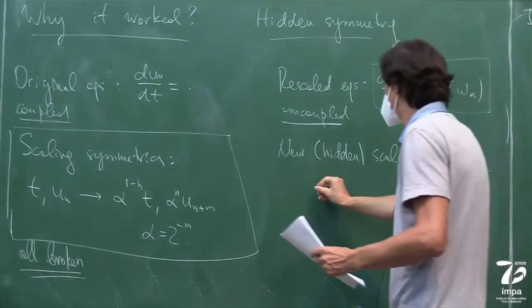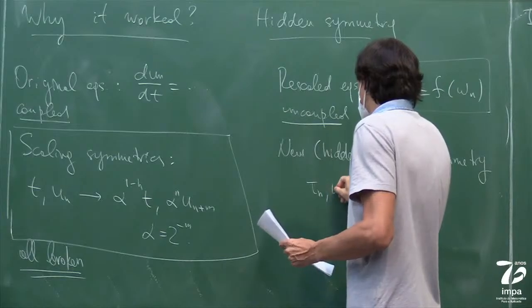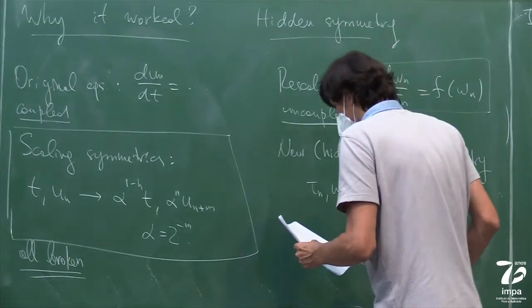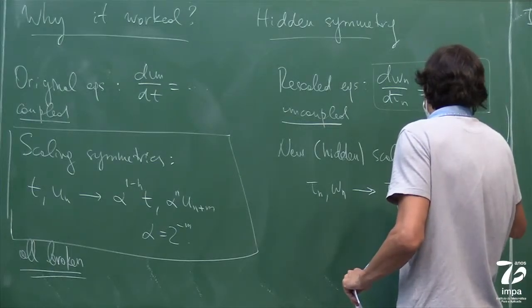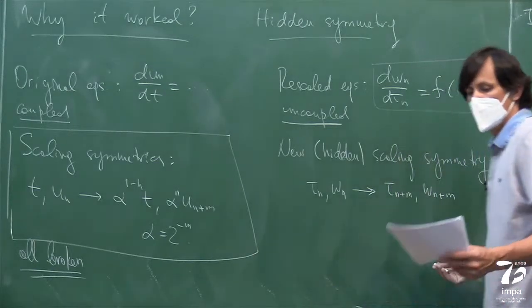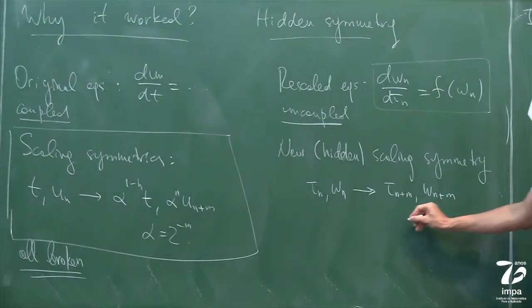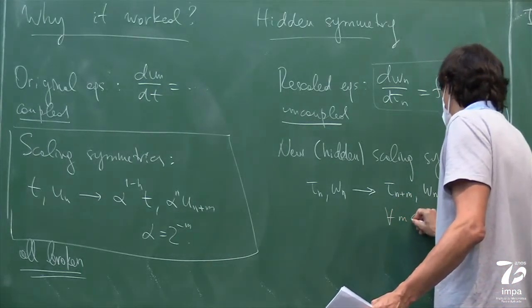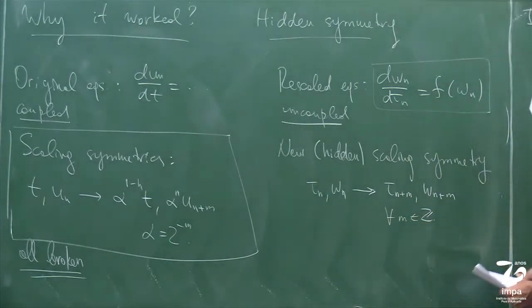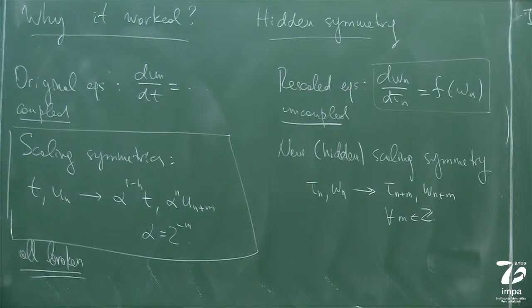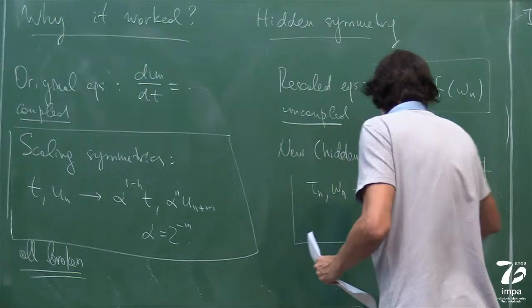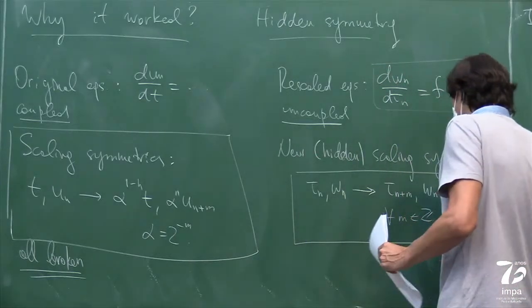You can take tau n w n and substitute it by tau n plus m w n plus m for any m. If you change this by this, it's the same equation. Equations do not change because they do not depend on n at all. So this symmetry is restored.